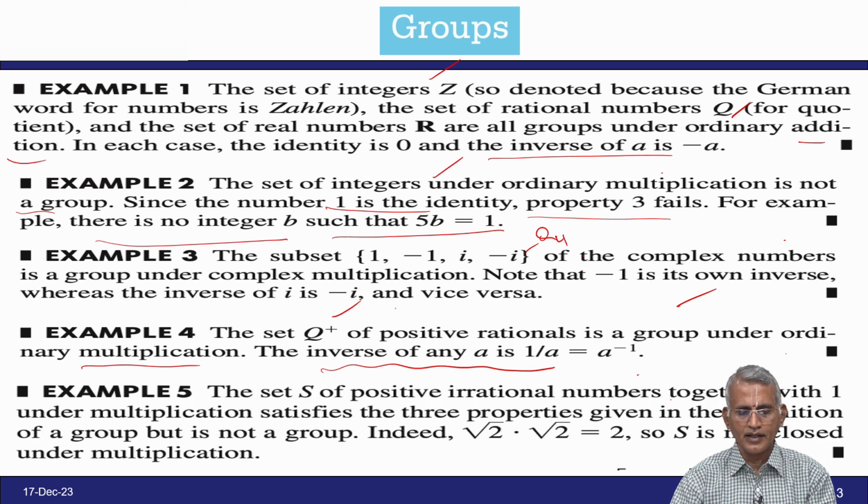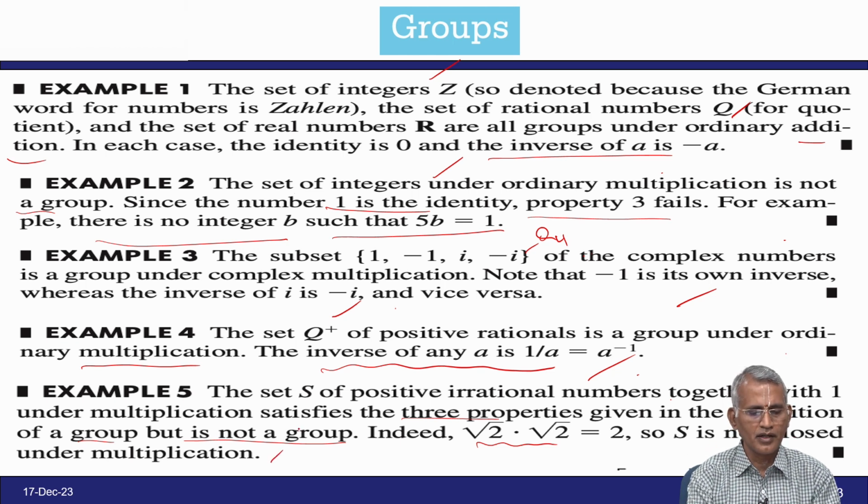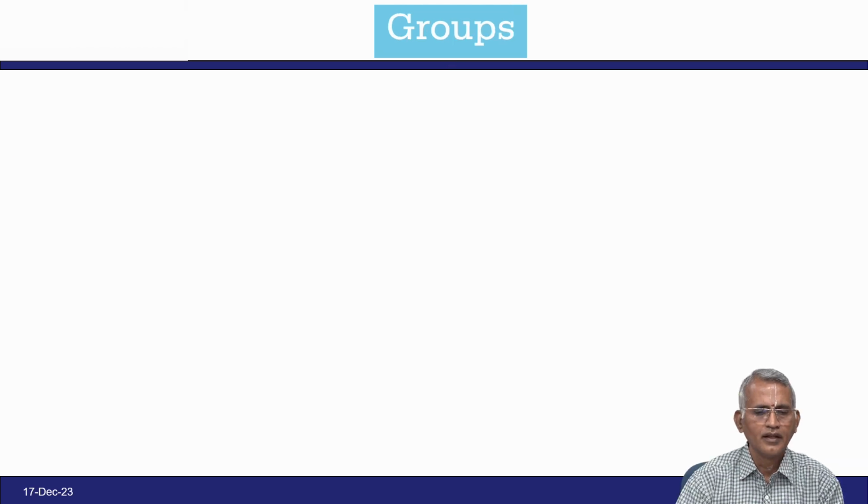Another example, the set S of positive irrational numbers together with the 1 under multiplication satisfies the 3 properties of the group definition, but it is not a group because root 2 into root 2 is 2. So, S is not closed under multiplication. So, these are examples of group, not group, and so on.